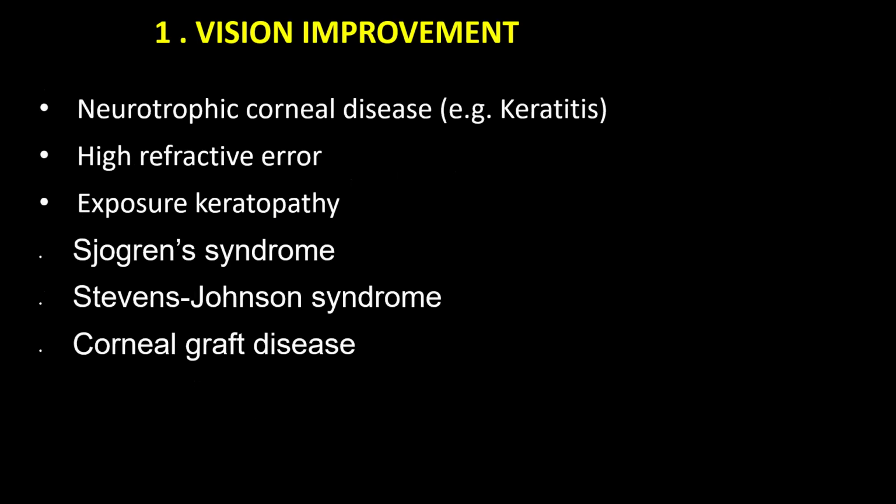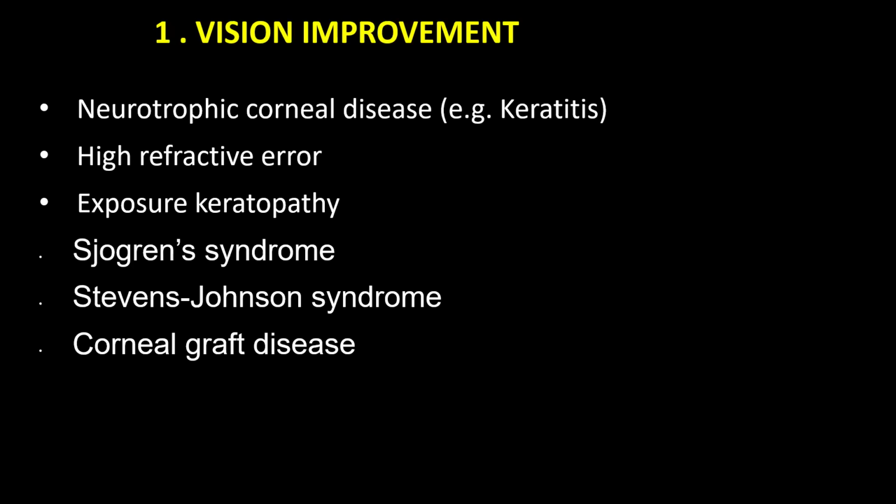Now in cases of corneal diseases like keratitis, neurotrophic corneal diseases, where the cornea nerves are already damaged and the cornea is not getting its sensitivity. Remember, the cornea is the tissue that has about the most nerve endings in the body.